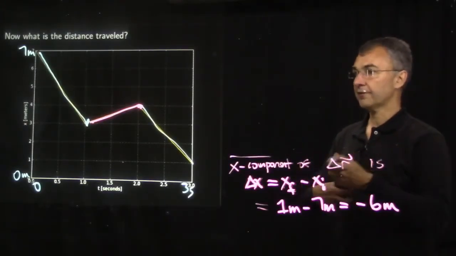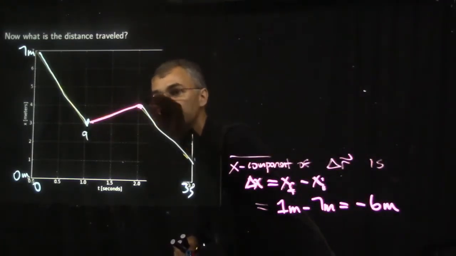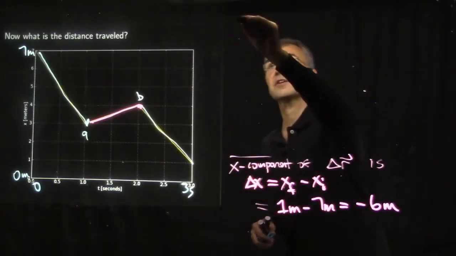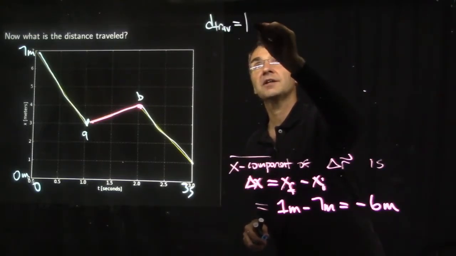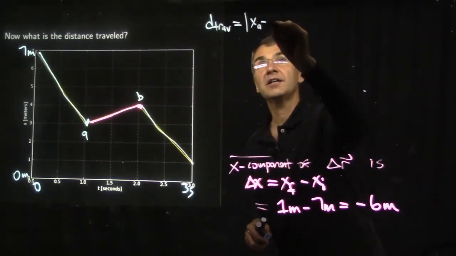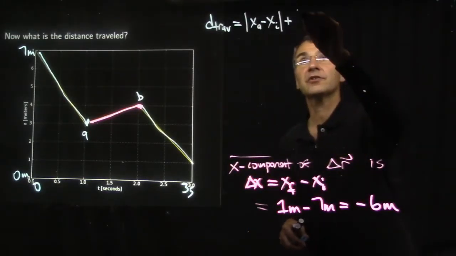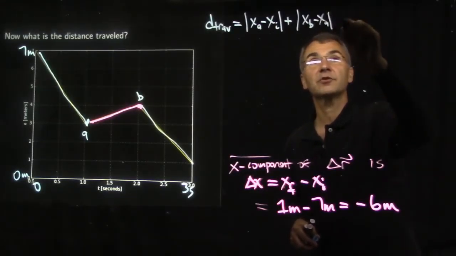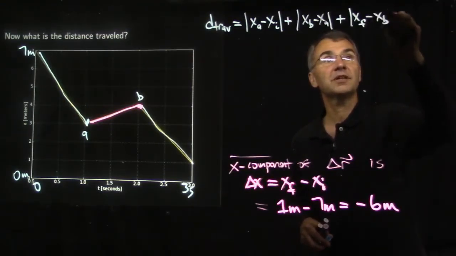So let's do that. We can call this point A, we can call this point B, we don't have to be quite so formal. But remember, we said before that the distance traveled, in this case, would be the magnitude of XA minus X initial, plus the absolute value of XB minus XA, plus the absolute value of X final minus XB.